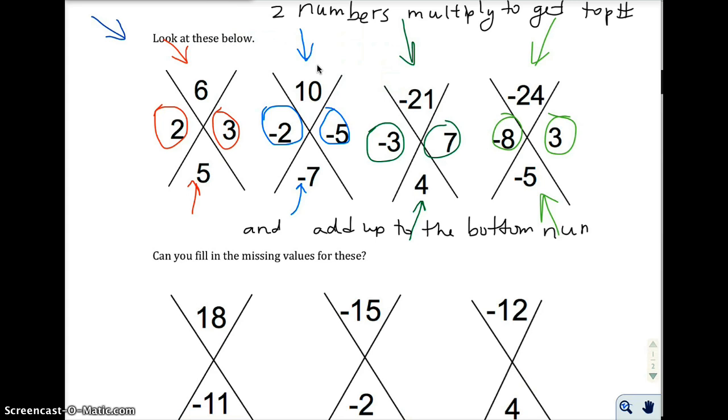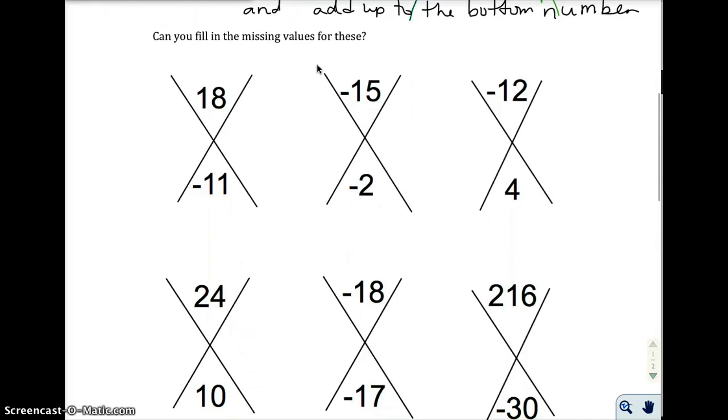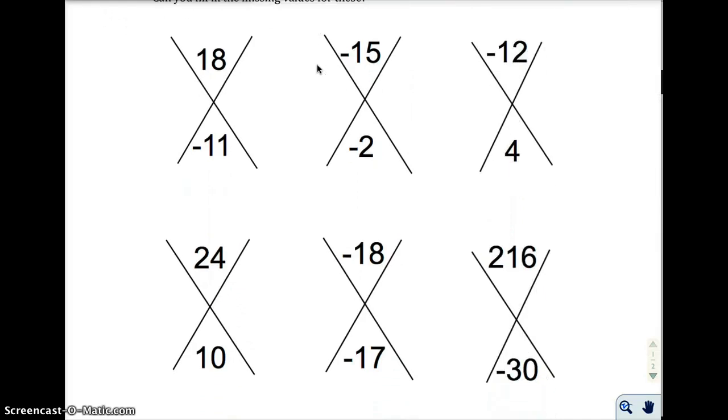So I want you to try this and see if you could come up with these numbers on your own. If you got them, great, and we can check your answers. If there are a couple that you didn't get, well, I'll go over the technique of how I figure them out, because there's some of them that I can't figure out right away.